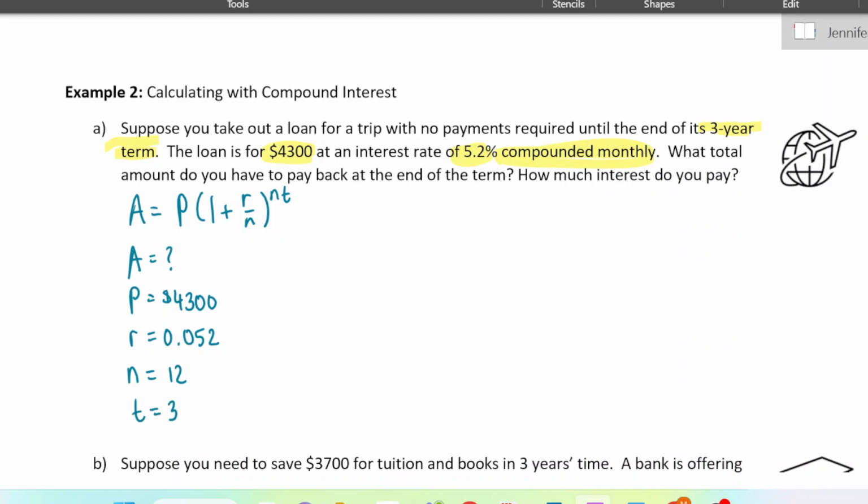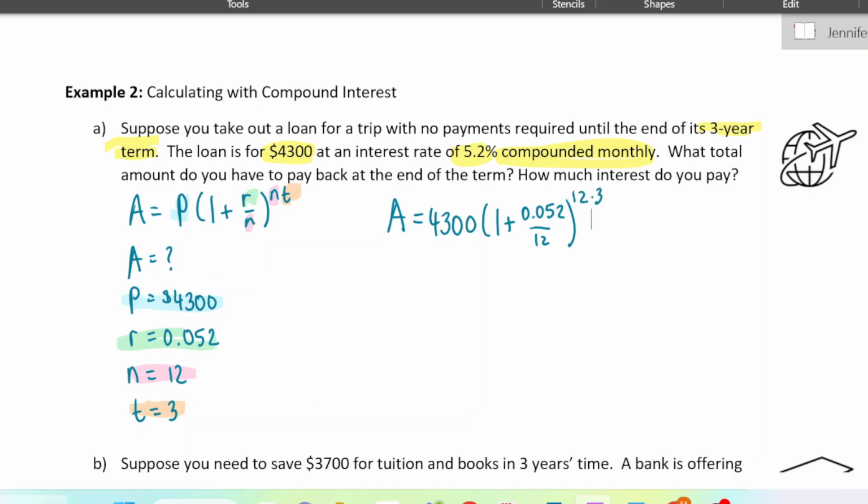Let's fill all those numbers into the different spots in the equation and then calculate. No algebra required here. We're just going to plug everything into the calculator all at once. So we have 4,300 times 1 plus 0.052 over 12, all to the power of 12 times 3.